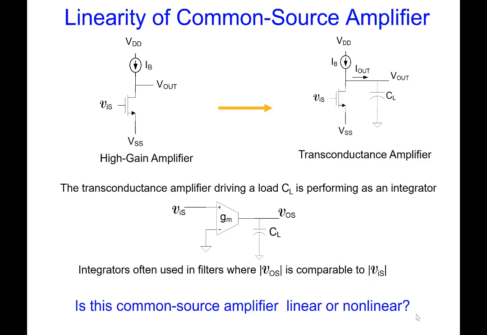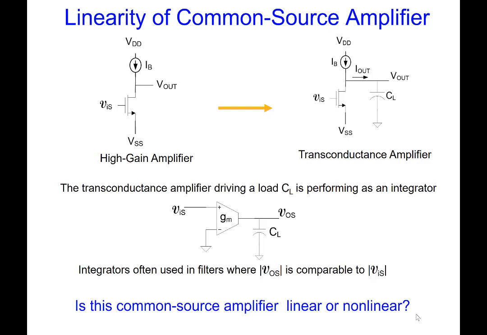So here's one of the simplest integrators that we can build. We can take a transconductance amplifier and drive a capacitor, and we saw earlier that that would form an integrator. And we can put integrators together to form arbitrary filter structures. And the MOS transistor itself, or the bipolar transistor, makes a reasonably good transconductance amplifier.